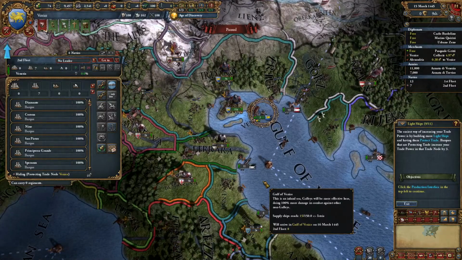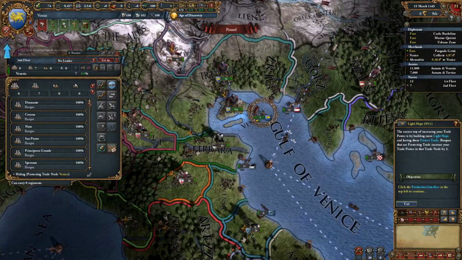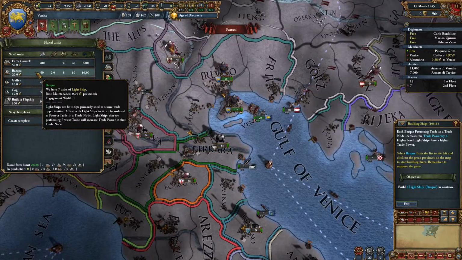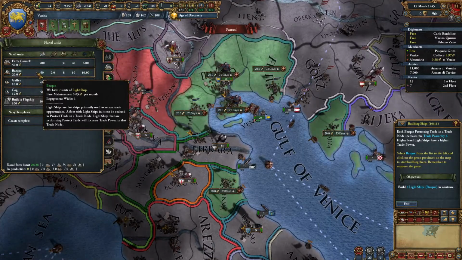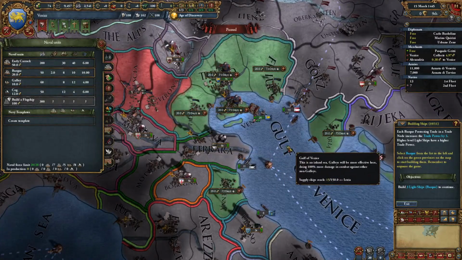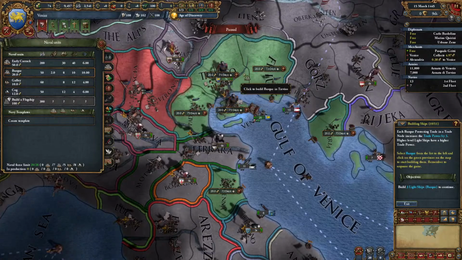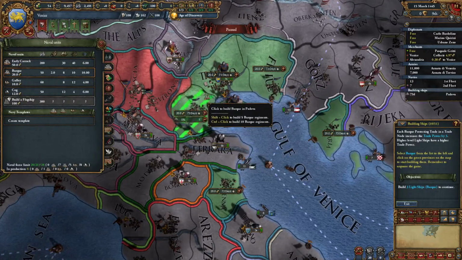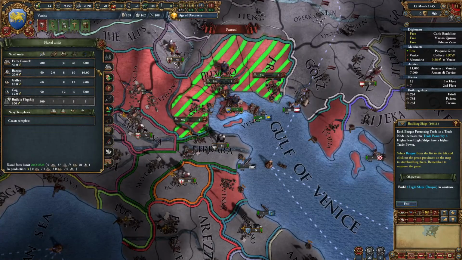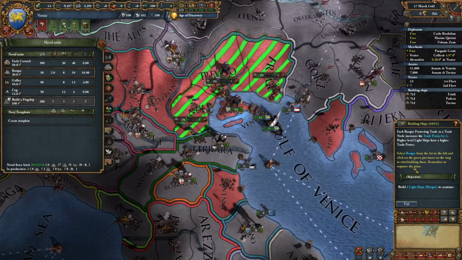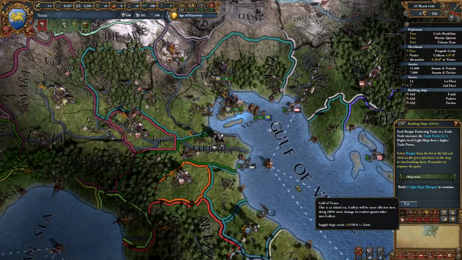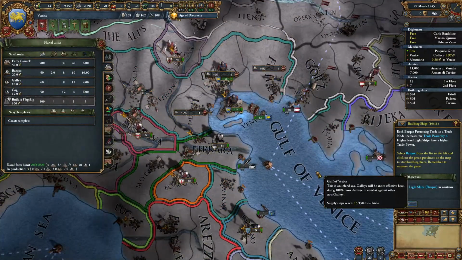Increase your trade power in the trade node by 3. Okay, so we gotta build some light ships. Build 3 light ships. 73 days, 73 days, 73 days, 73 days. All of them are 73 days. There you go. Pause the game. Should leave that open so we can see how long it's going to take.